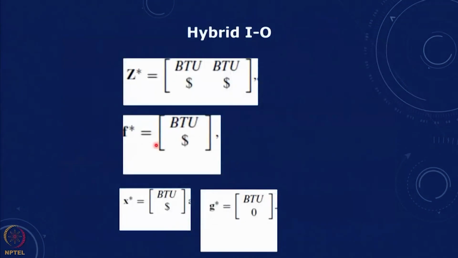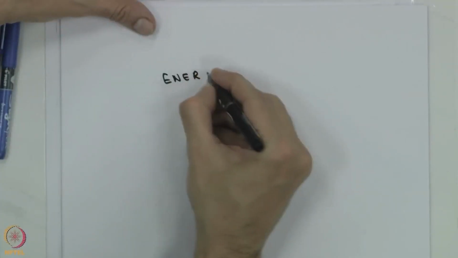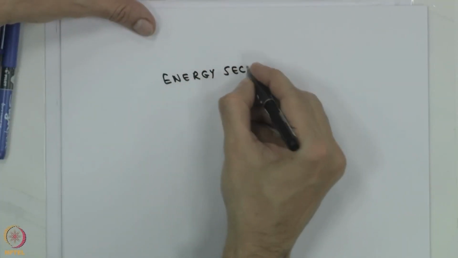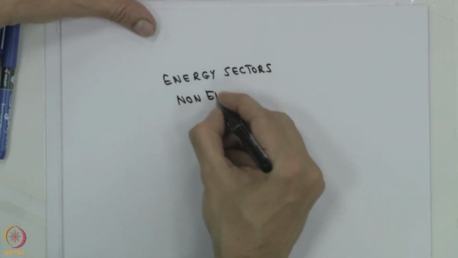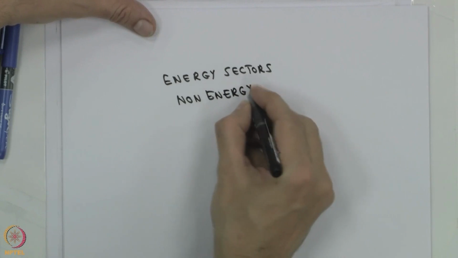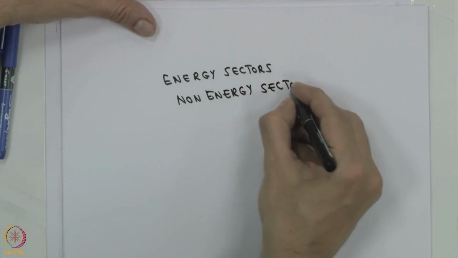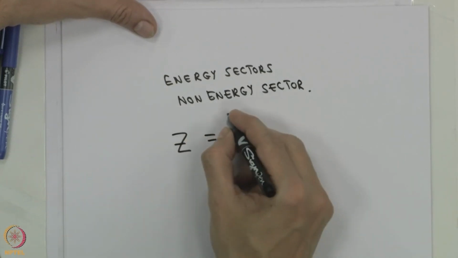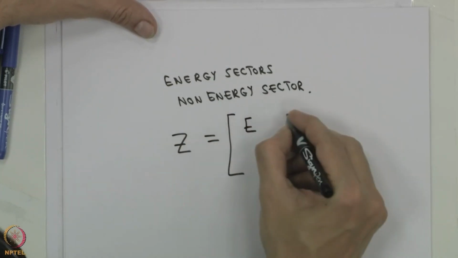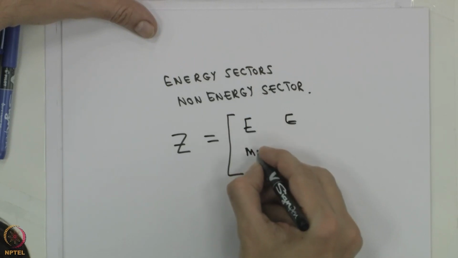And this can then be converted into, so we could have the input output in terms of some sectors, the energy sectors, and non-energy sectors. So we could create a hybrid input output table where your transaction matrix has energy units and money units.